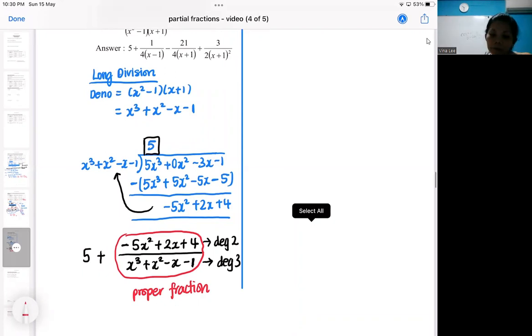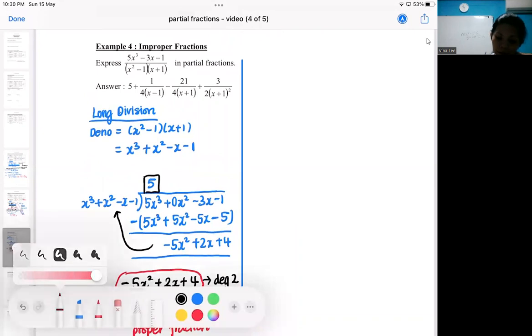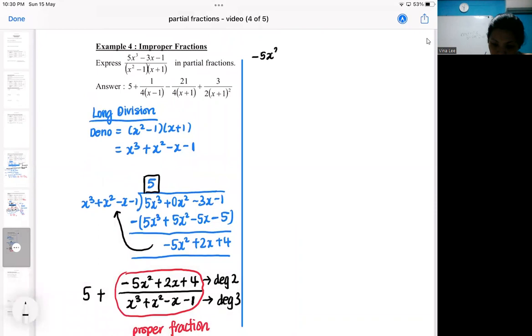So the next column, focus on deciding the case. So if you're going to decide the case, right, I hope you can see this denominator can still be factorized.